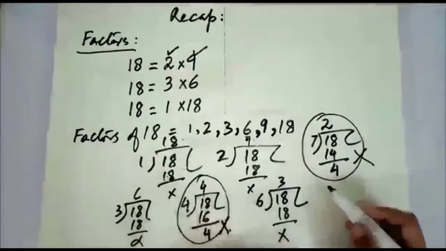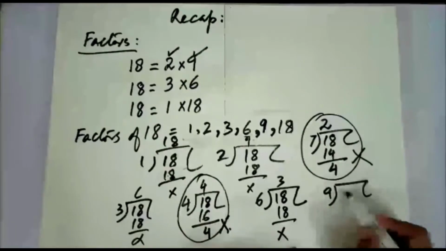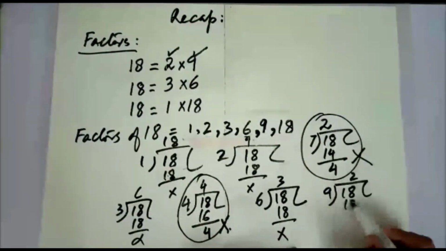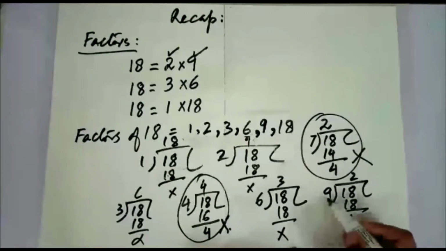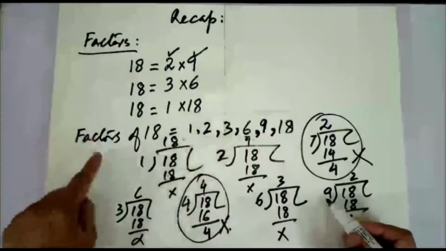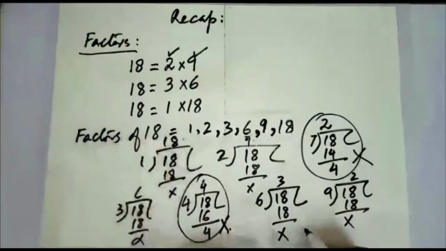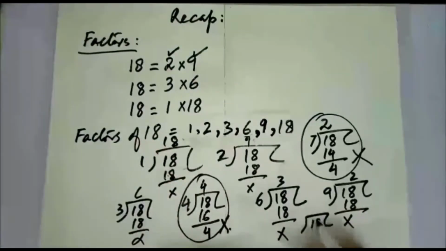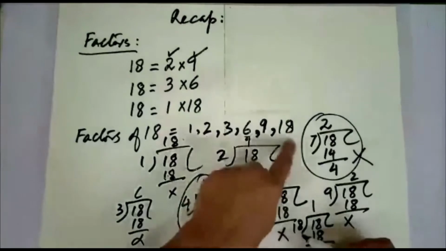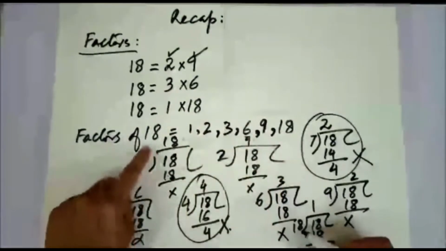Now I will take 9. 9 2s are 18. There would be no remainder. So 9 would be the factor of 18 or divisor of 18. Now the last but not least, 18 divided by 18 will be cancelled as 18 ones are 18. There would be no leftover. So 18 would also be the factor of 18.